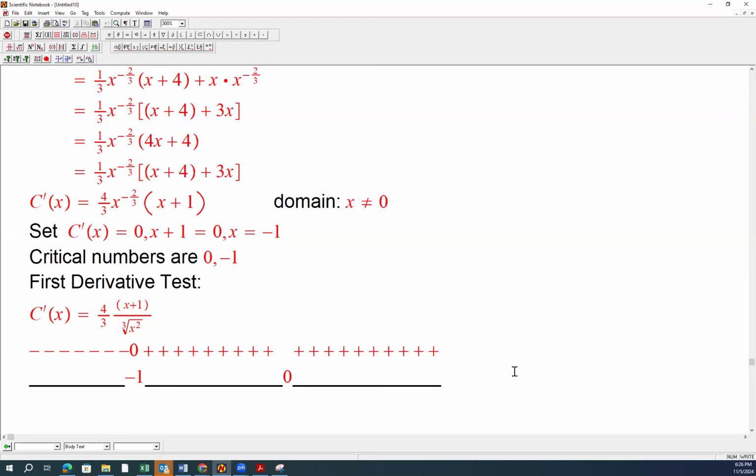So is 0 a local max or local min? It's neither. Please take a second look at this first derivative test. This case is the third category.